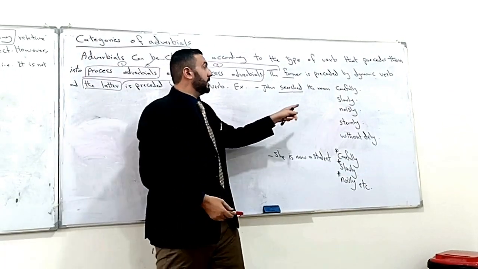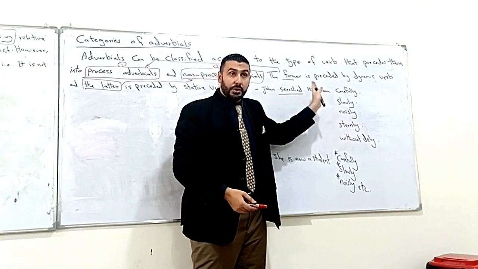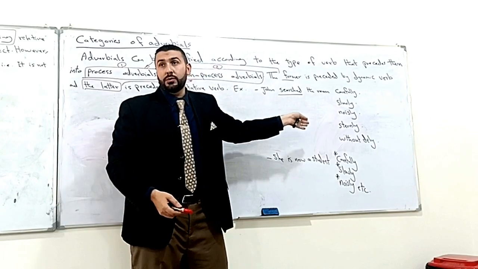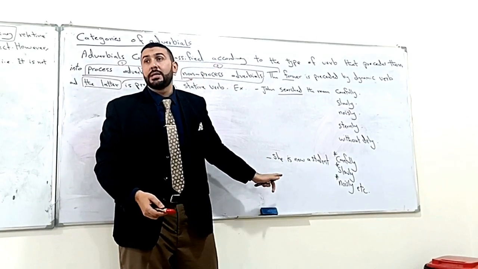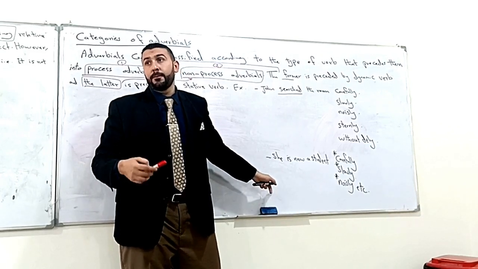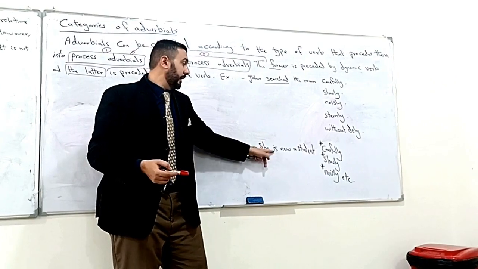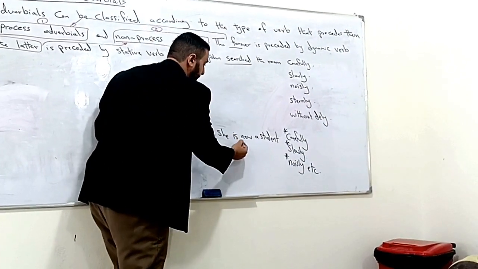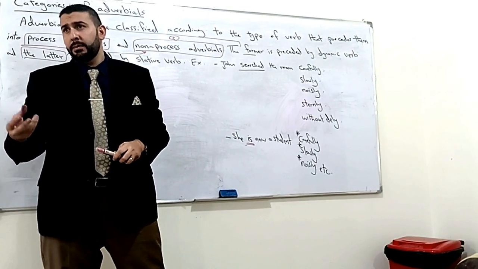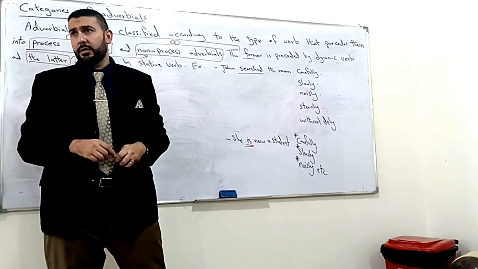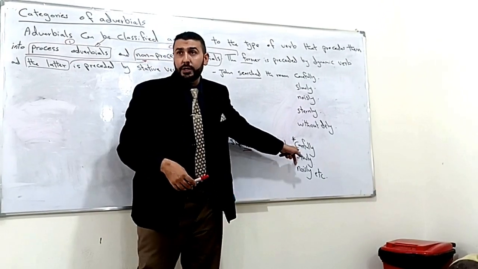Why? These kinds of adverbials, process adverbials, cannot be applied here in this sentence which doesn't have a dynamic verb. She is. So here is what? It's a stative verb. Yes, it's a stative verb. It's a primary auxiliary and it is a stative verb. She is now a student. Can I say carefully?